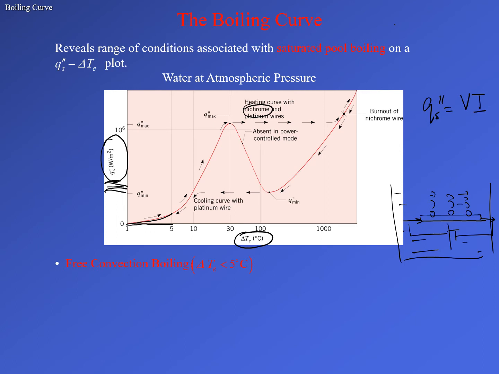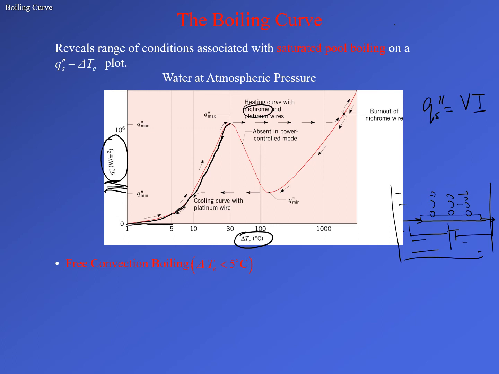So as we increase the potential difference, our QS double prime increases, and we see a stark increase in the excess temperature as the heat flux increases, and then we reach a point where the heat flux Q double prime becomes a maximum.